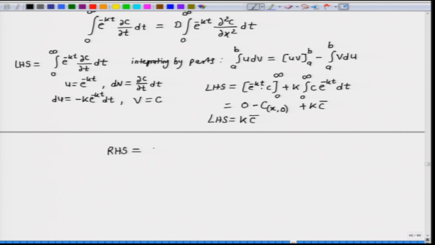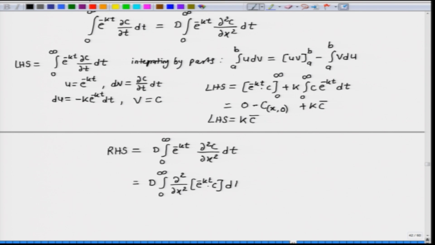RHS in this case is d integral 0 to infinity e to power minus k t dou 2 c by dou x2 dt. Now, e to power minus k t is not a function of x. So, we can take it inside the partial differential here, that becomes d integral 0 to infinity dou 2 by dou x2 of e to power minus k t times c dt.